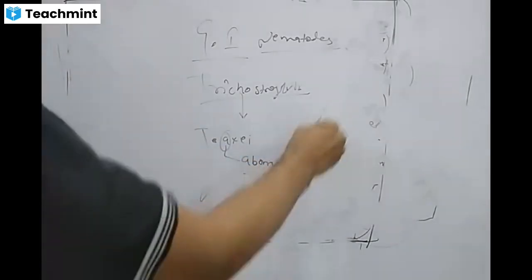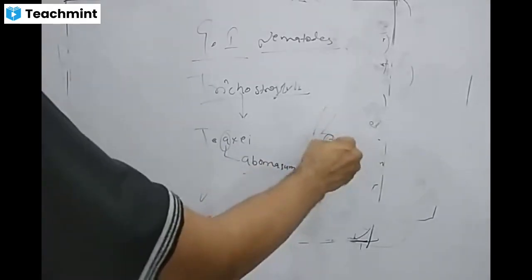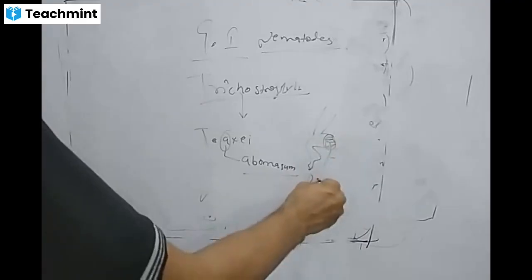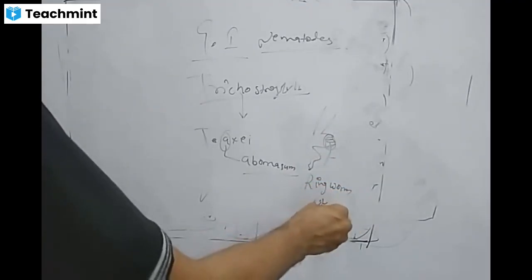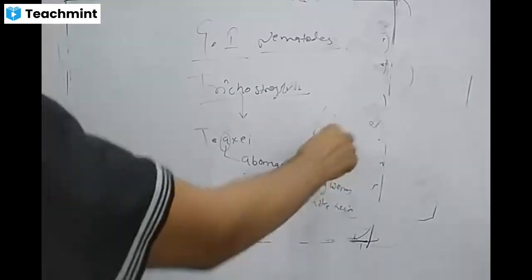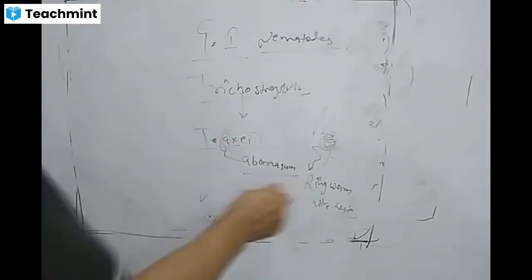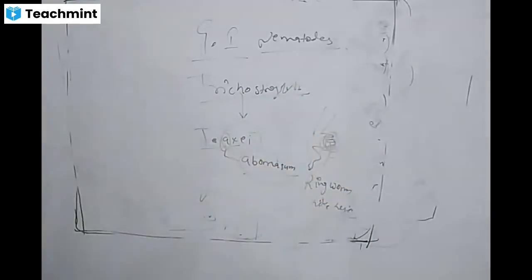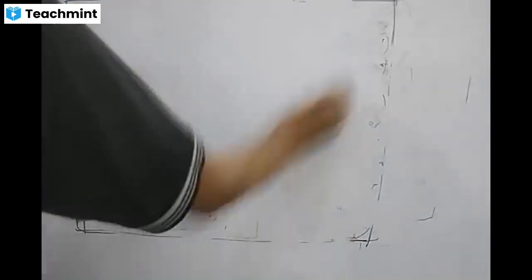It is present in abomasum, and in the abomasum it causes ringworm-like lesions. This is related with Trichostrongylus axei: abomasum, ring-like lesions. And this parasite is present in abomasum.